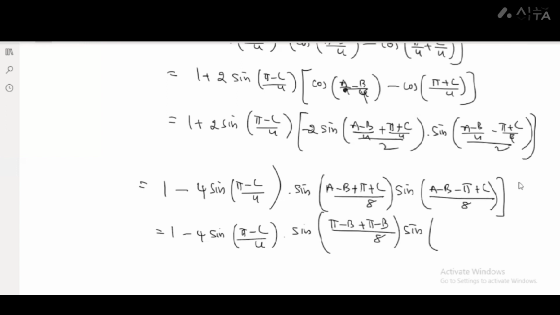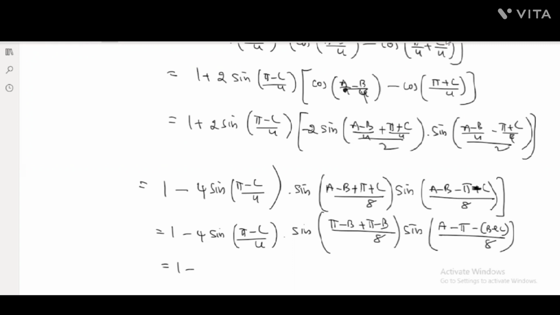So how can we write this one? So from here we can take a minus pi of b plus c by 8.